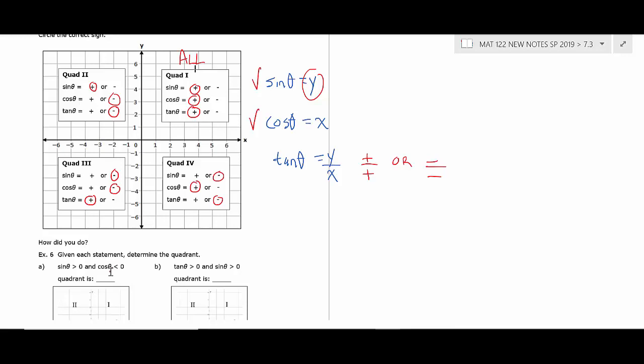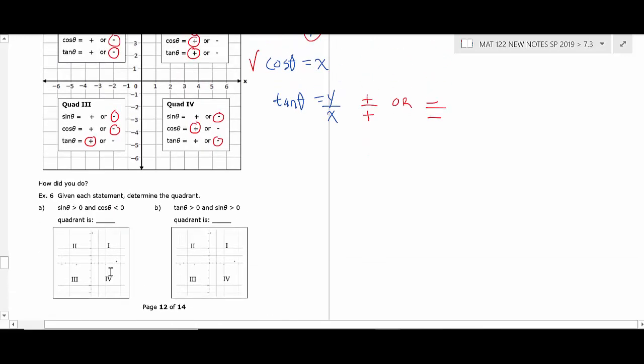Okay, so now the next thing I want to do, and this is really the last thing we're going to do here, is in some problems it's always important to be able to determine what quadrant you're in. So let me explain what we're doing here. I'm giving you 2 statements. I'm giving you sine is positive, and I'm giving you cosine is negative.